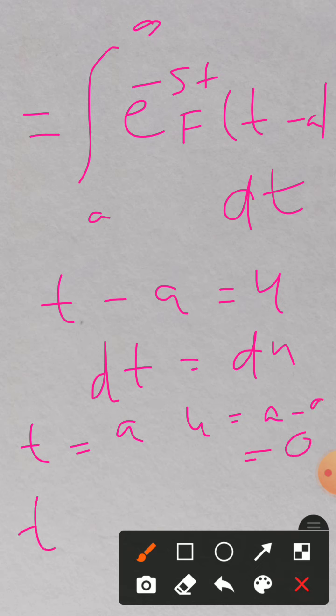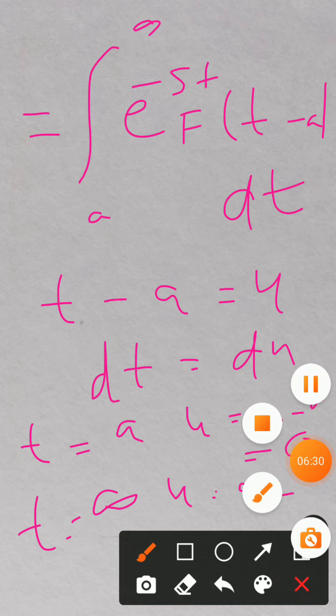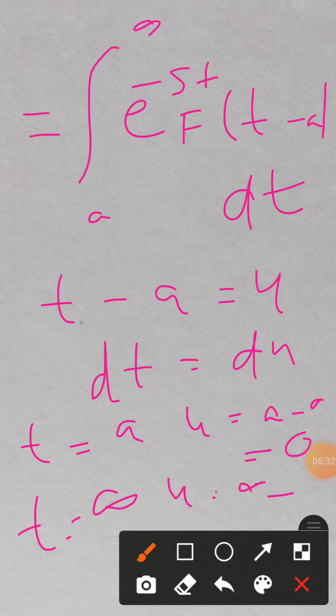If t is equal to infinite, the value of u will be infinite minus a, which is infinite. That's why when t is equal to a, the value of u is 0. When t is equal to infinite, the value of u will be infinite.